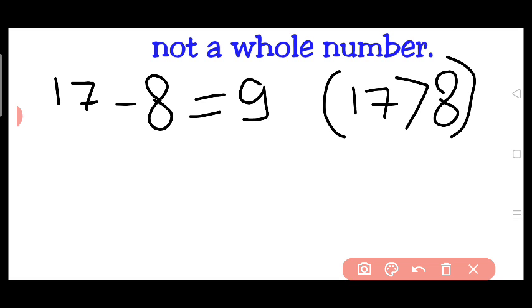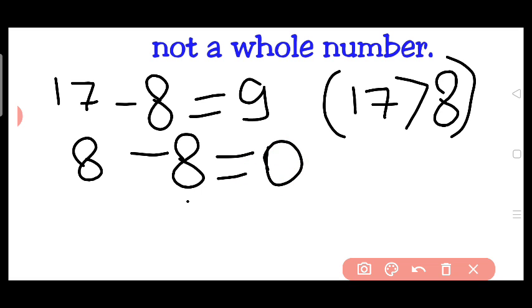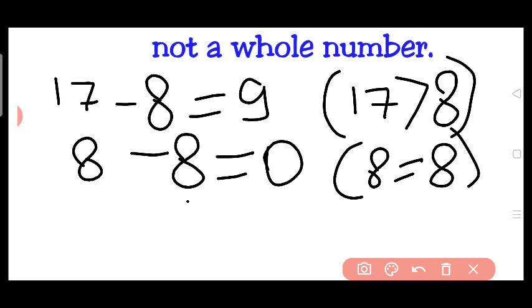Next one is 8 minus 8. In this case we can see 8, that is a, and another 8, that is b. Both are equal and the result is 0. That is, a is equal to b, the result is 0, and in that case it is also a whole number.